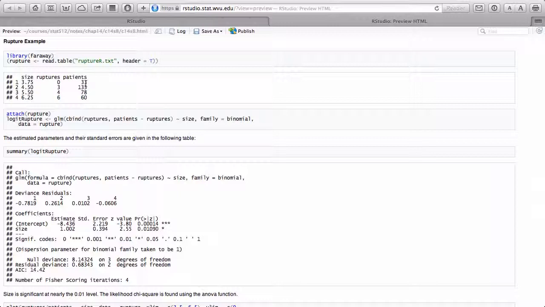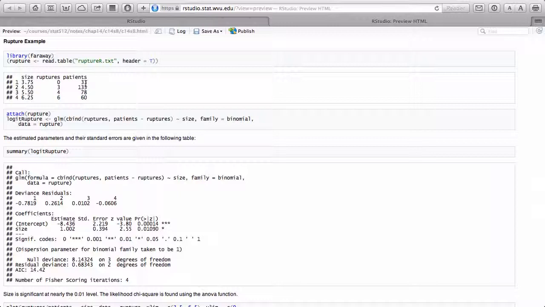But that isn't going to cut it because we still have to know what n is for the binomial. You would also have to say n equals that last column called patients. So you can't just use it as a proportion. That's not enough to fit the model. You need to know the sample size, the number of patients for each of the groups.